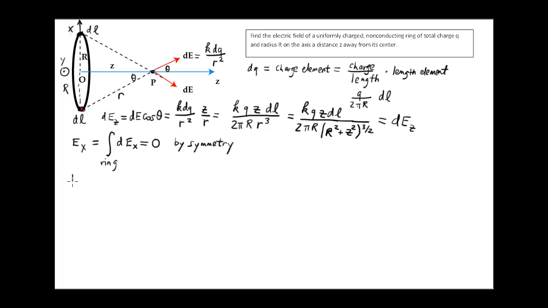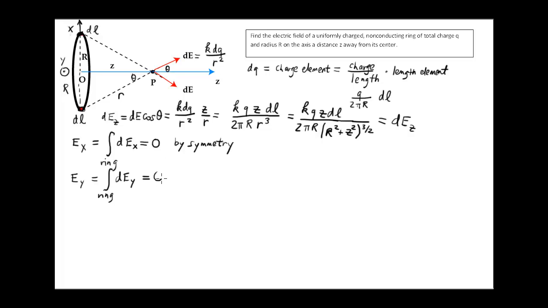Also, the same kind of reasoning would apply to the y component of the electric field, because it's hard to see in the diagram the way it is, but if the length element were not exactly at the bottom of the ring, but were up along one of the sides of it, then there would be a y component of the electric field as well.